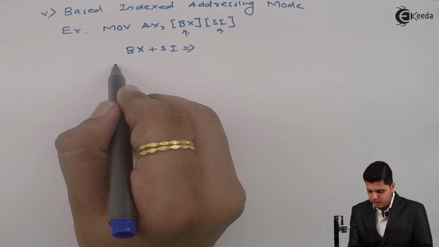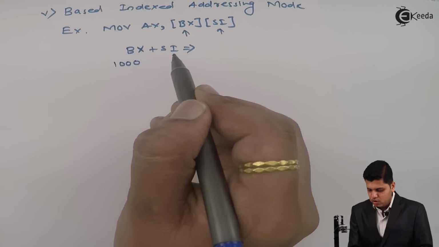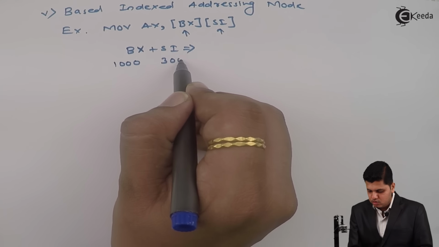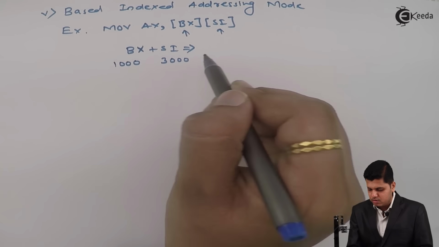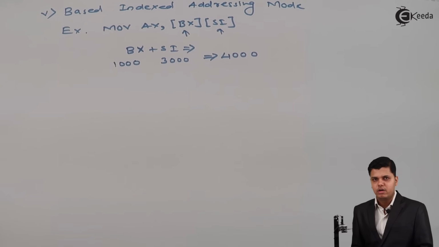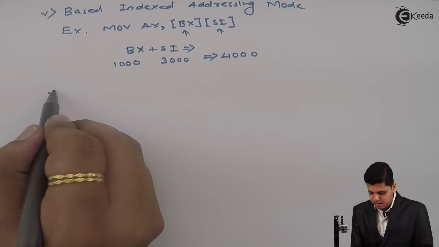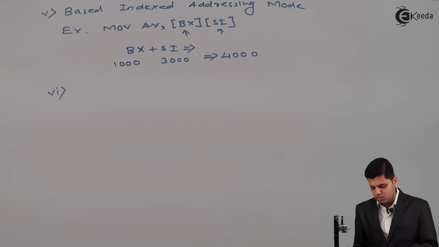For example, if BX is 1000 and SI is 3000, the combination is 1000 plus 3000, which is 4000, from where the actual data will be forwarded.